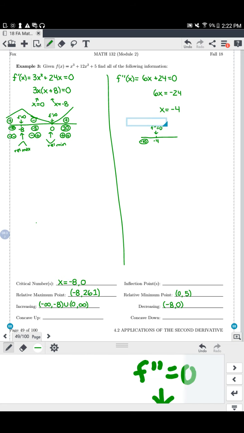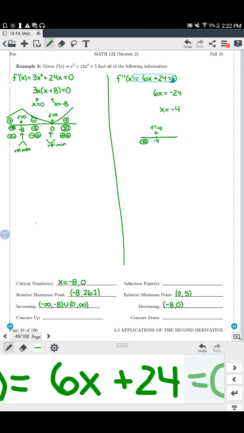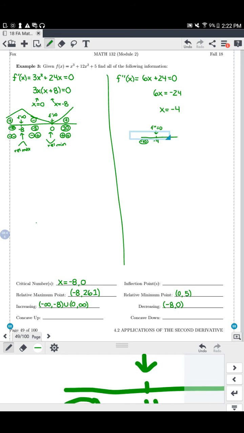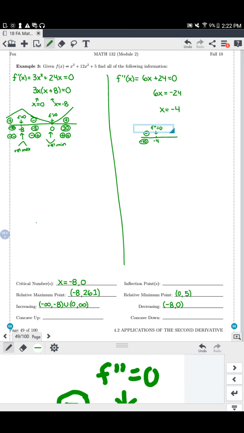So I'm going to plug into the second derivative to see what kind of concavity I have. So I have 6 times negative 10, which is negative 60, plus 24. Negative 60 plus 24, that's going to be some negative number. So I have a negative piece here. So I'm concave down before negative 4.